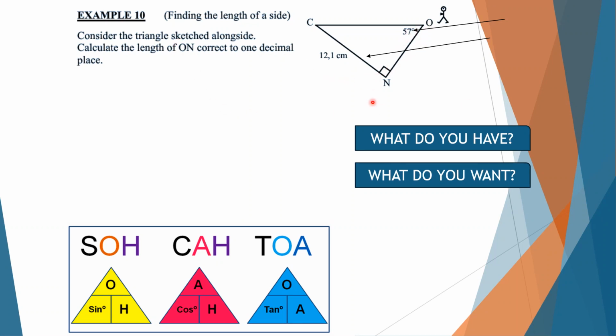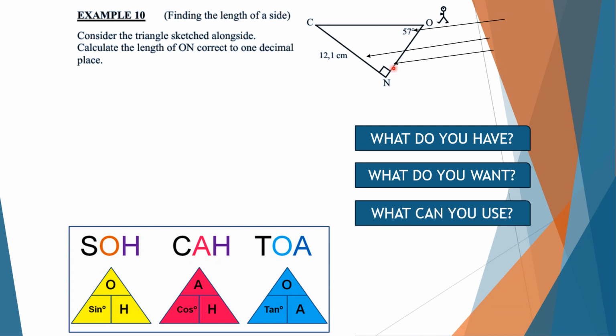And we notice that ON is the adjacent side to the 57. What can you use? We have the opposite, we want the adjacent, and the only ratio that has opposite and adjacent is tan, and so tan is the ratio that we want.